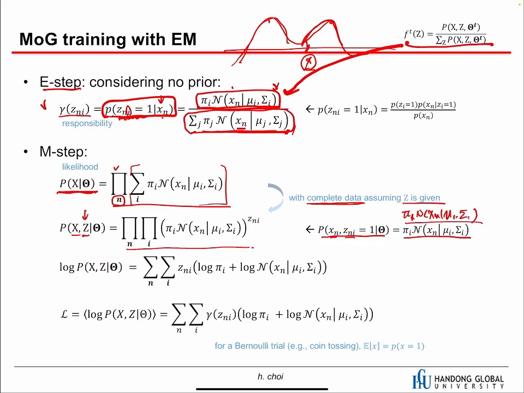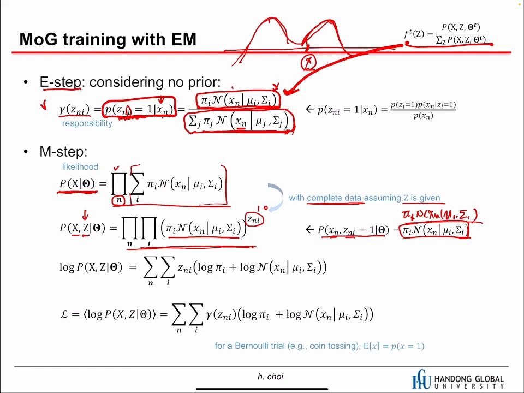So we can use this product with this power. If x_n belongs to the ith cluster, then it will be like this. This one will be 1 and the other clusters will have zeros. Then we will have only one probability distribution from one component.